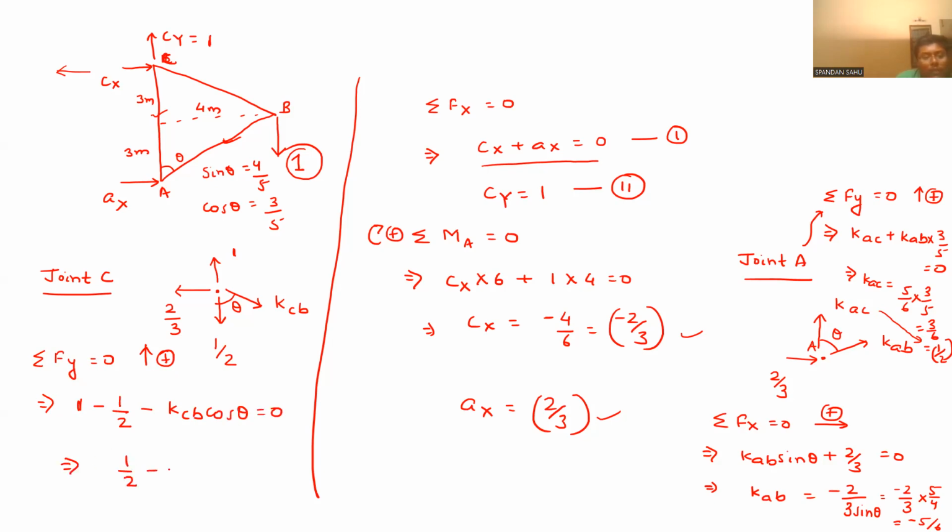So half minus KCB cos theta will be equal to 0. This should be equal to KCB as 1 by 2 cos theta. So 1 by 2 cos theta is 3 by 5. So when it goes to top, it will be 5 by 3. So the value is 5 by 6.